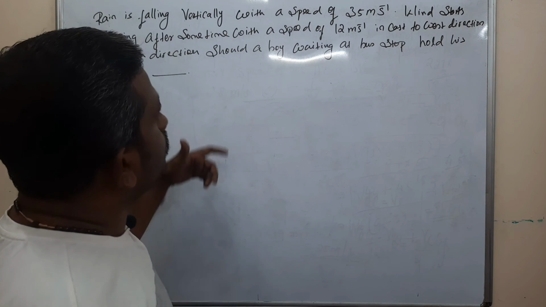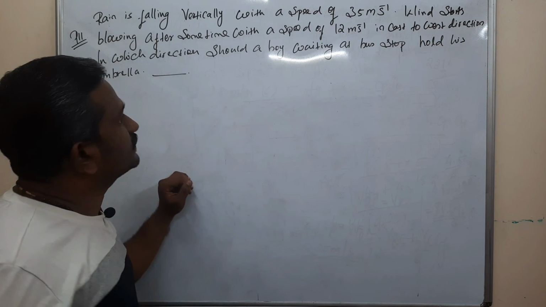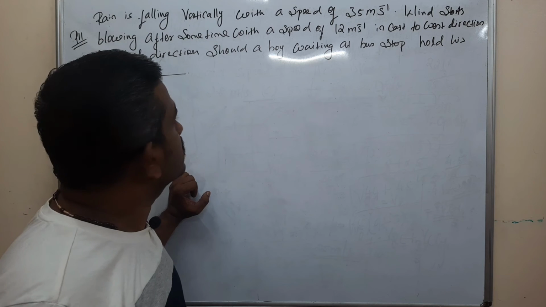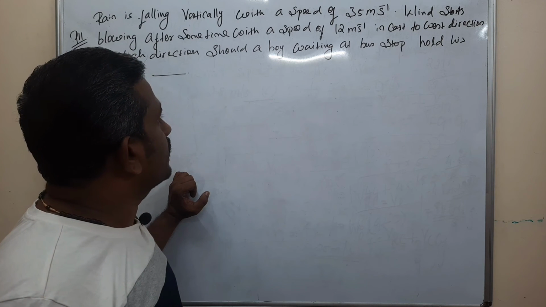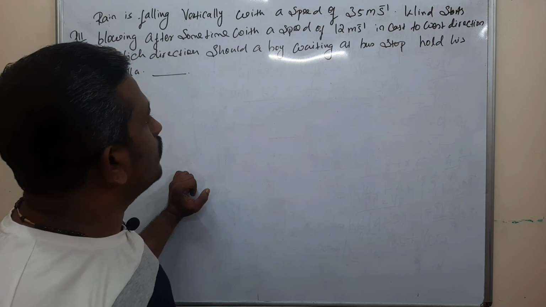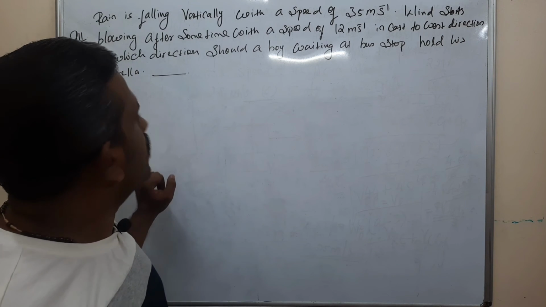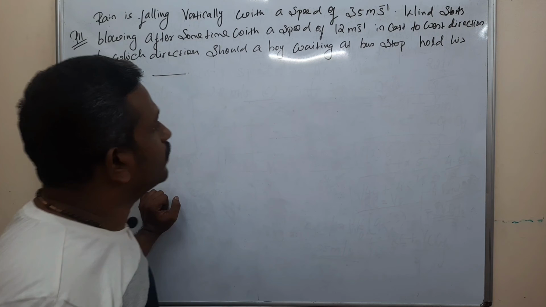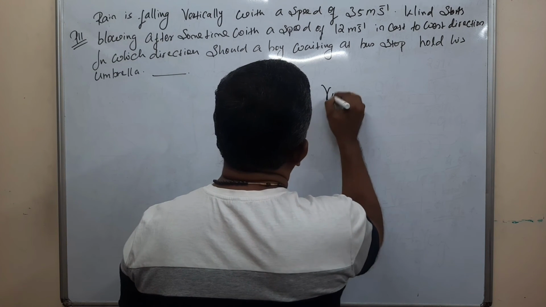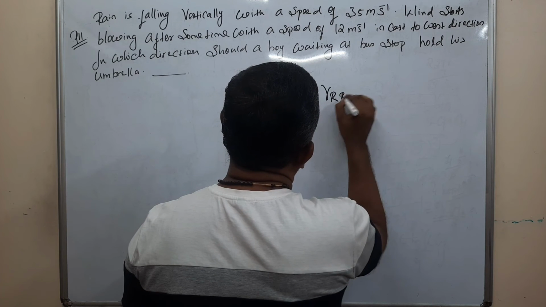Now the wind starts blowing after some time with a speed of 12 meter per second from east to west direction. In which direction should the boy hold his umbrella? We have to find the velocity of the rain with respect to the boy.